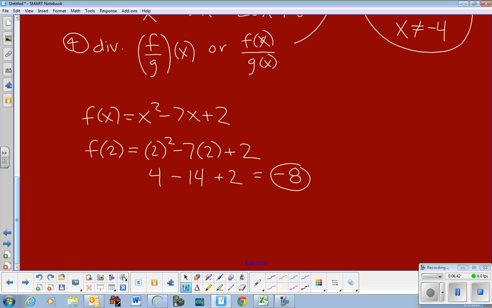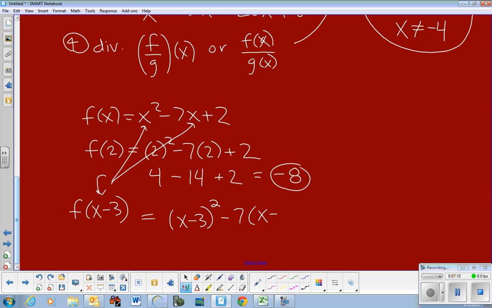Sometimes when we start to sub in other things, like x minus 3, people start to struggle. Whatever goes in these parentheses right here needs to get put in place of that x and that x, and it needs to happen in a set of parentheses. So f of x minus 3 is (x minus 3) squared minus 7 times (x minus 3) plus 2.